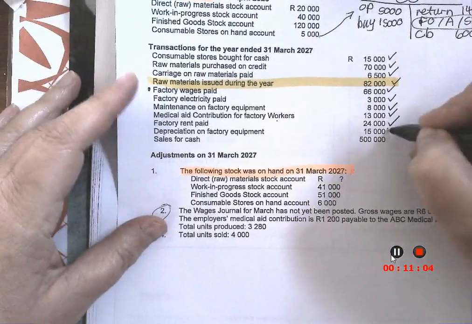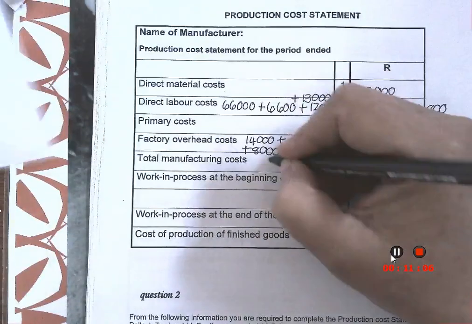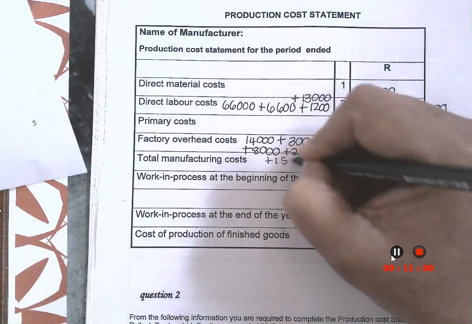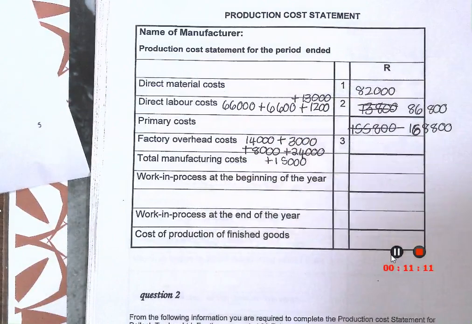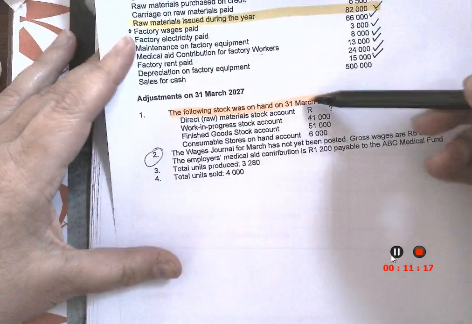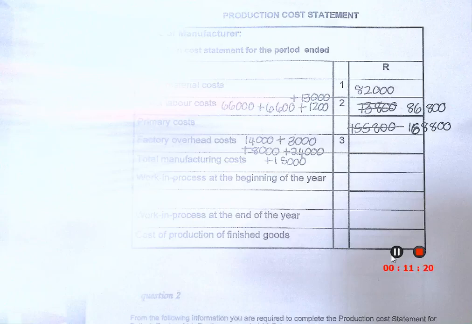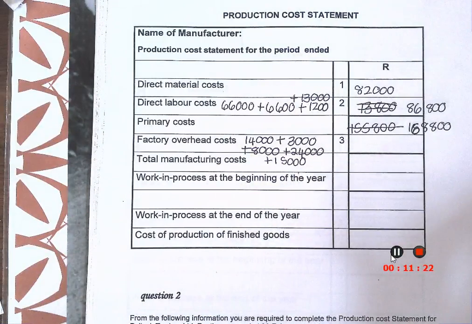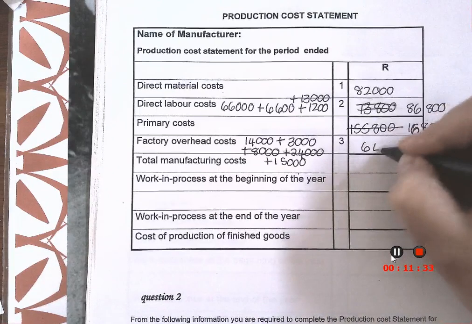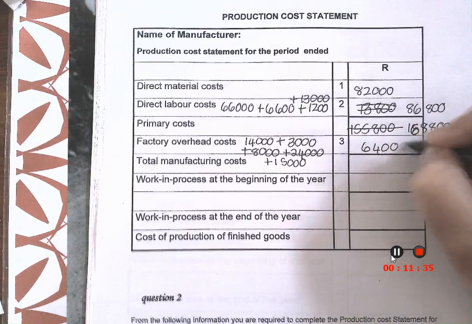Depreciation, 15. And then there's sales, which I don't use. And if I go through the adjustments, there's nothing else. So let's total for factory overheads. 64.